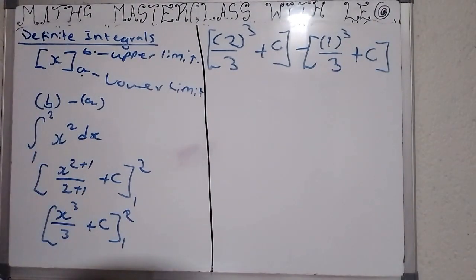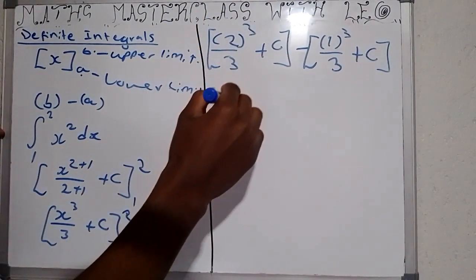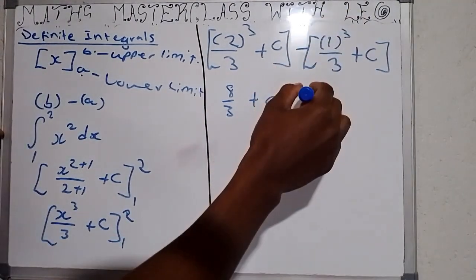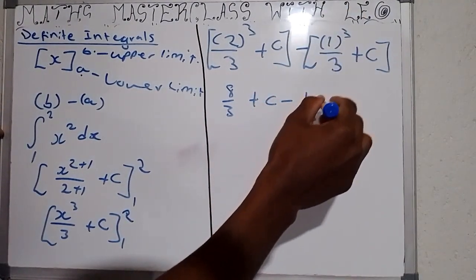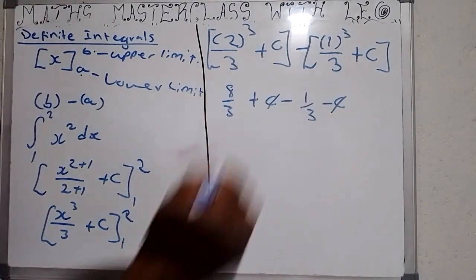This will give me 8 over 3 plus c minus 1 over 3 minus c. The c will cancel each other.